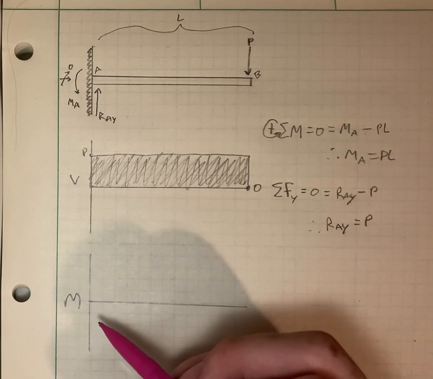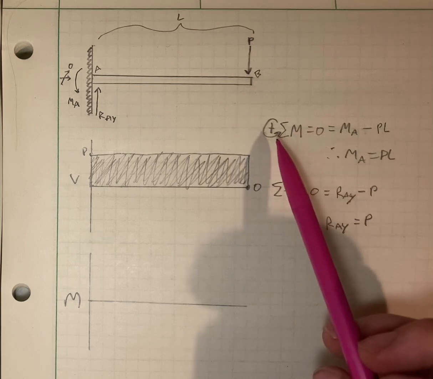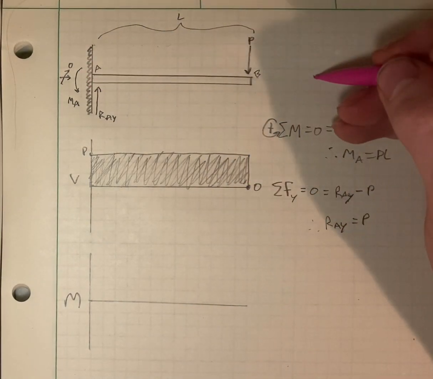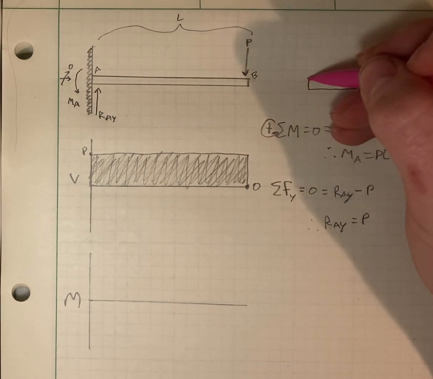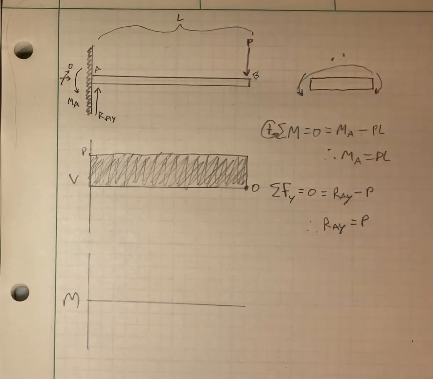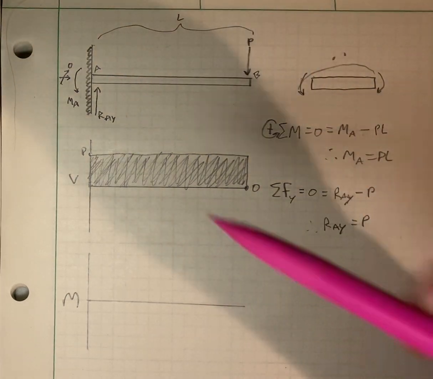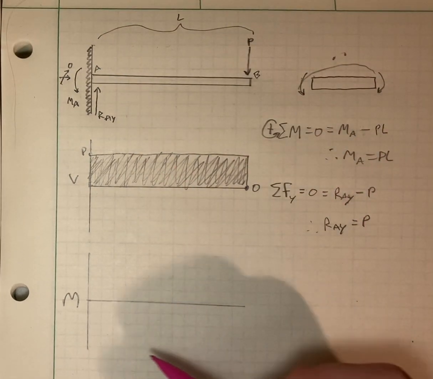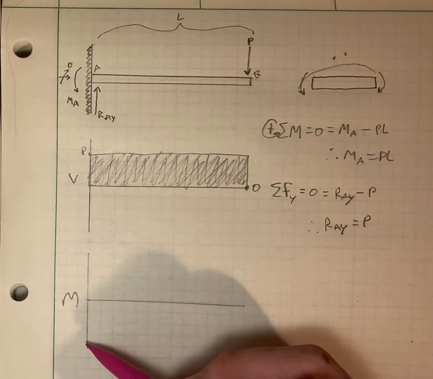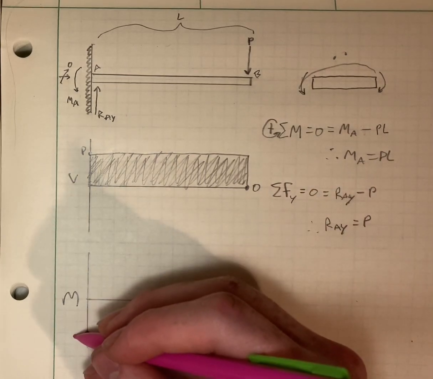We are starting with moment at A, and even though I said it's positive when I'm doing the calculations, this is a negative bending moment, right? Because of the frowny face. See? Frowny face, negative moment. So we're going to start down here, right, instead of up here. And the magnitude is PL, because MA equals PL. Put that there.